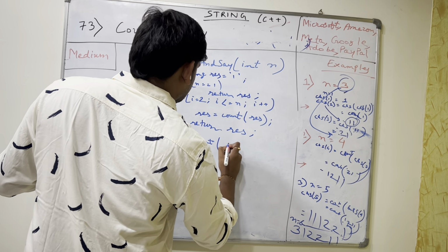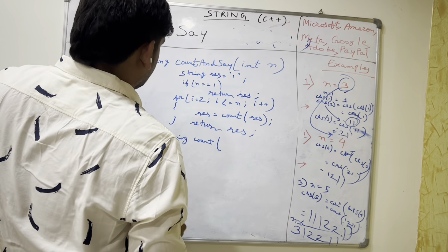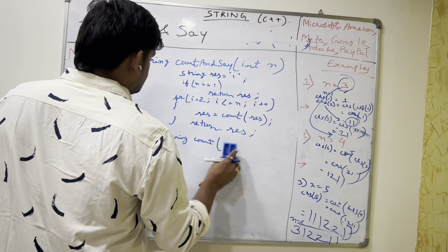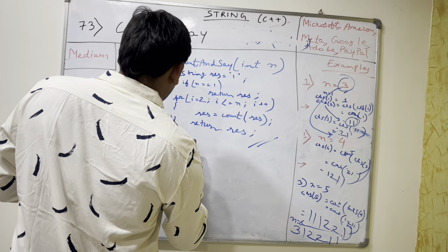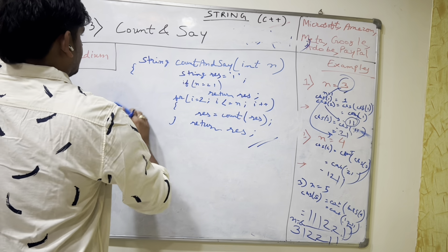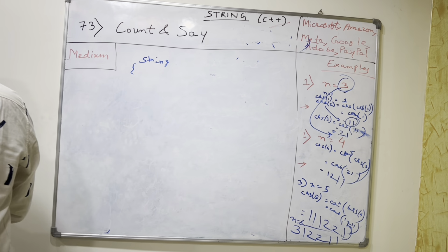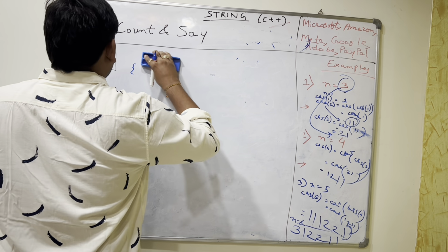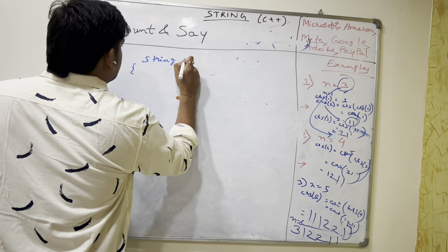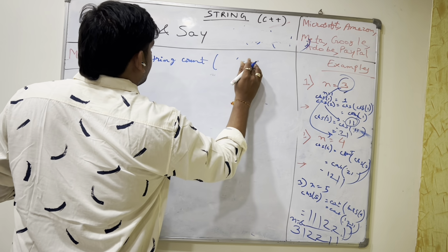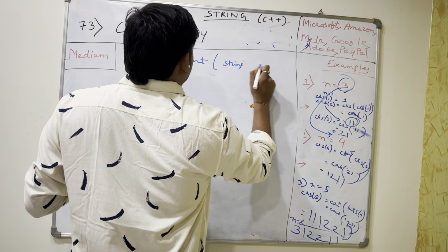String count. Okay, since we will not have the place, so this part you have understood. Okay, up to here. So now I will code this string count function again. Okay, string count, where we have the string as result.